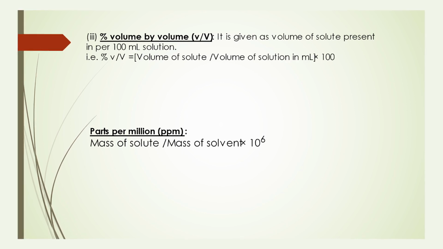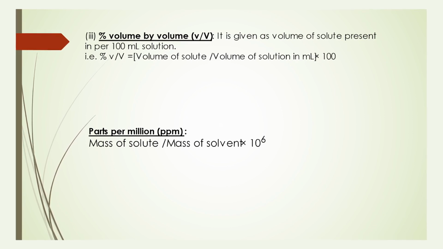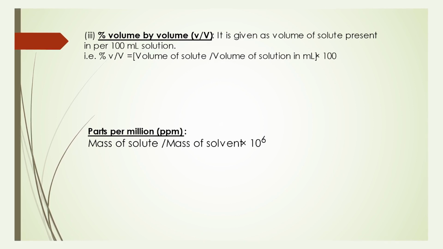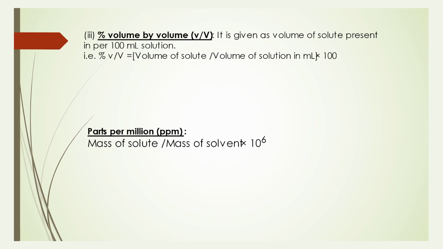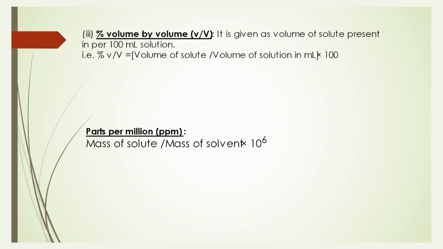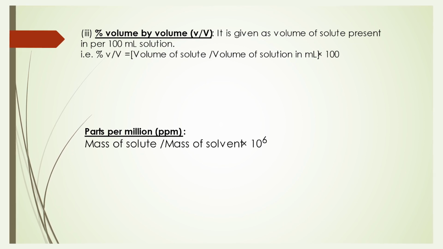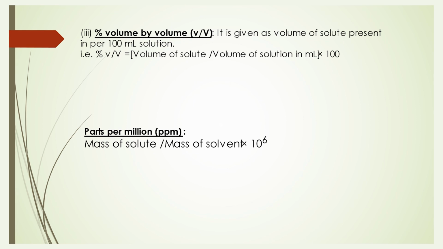In this question, the volume of solute is 5 ml, volume of solution is 200 ml, or volume of solvent is 200 ml minus 5 ml, that is 195 ml. Then percent V by V is equal to 5 ml divided by 200 ml, or 195 plus 5 ml into 100, which is equal to 2.5% V by V, or the solution is 2.5% volume by volume.